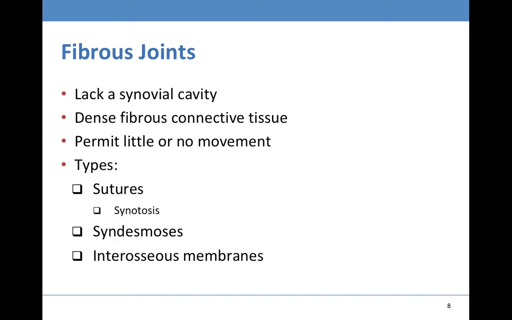Another example of our syndesmoses is the distal tibiofibular ligament. And so this actually permits some movement, and so therefore we would classify this as an amphiarthrosis. And then our last type of fibrous joint is our interosseous ligament, or you can also call them the interosseous membranes.